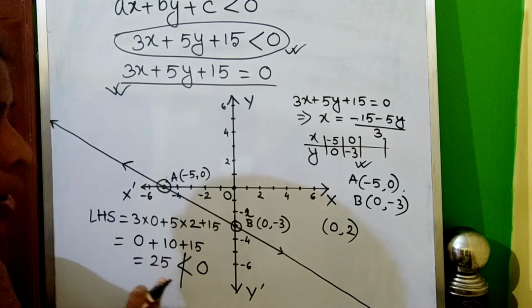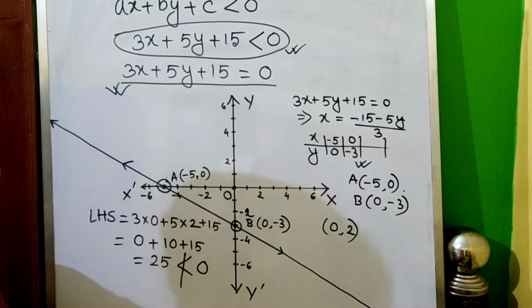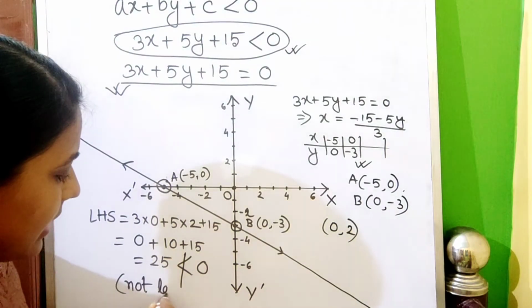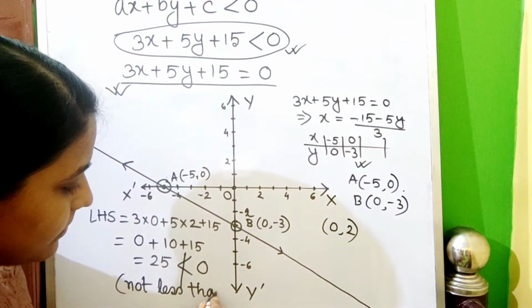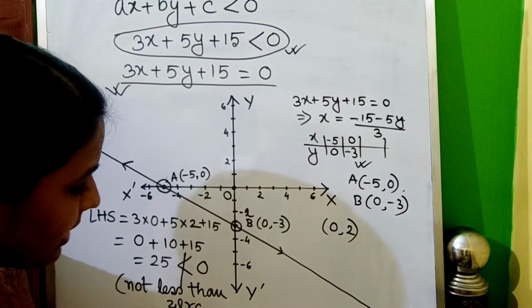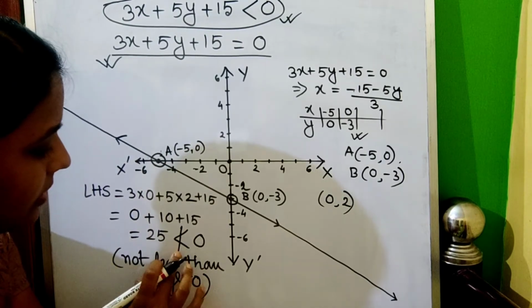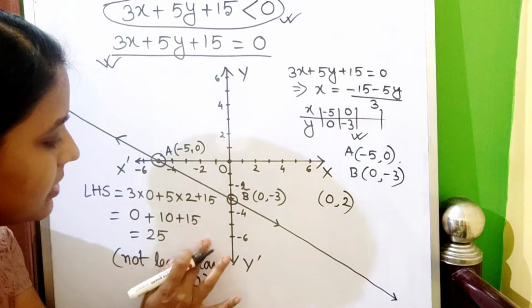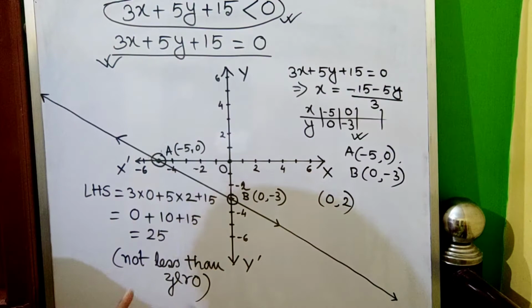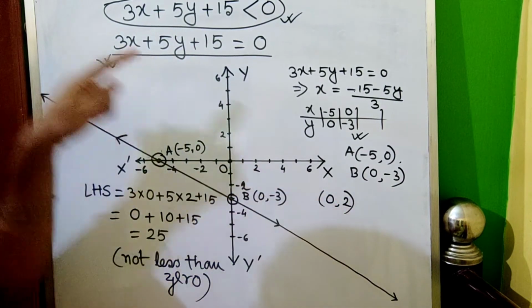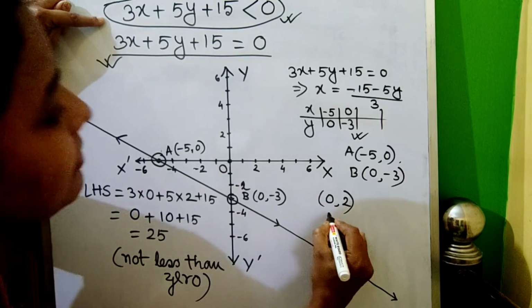So you can write here: not less than 0. If you want to skip, you can write it in this way, not less than 0. Not less than 0 means for 0, 2 this point the inequality is invalid.